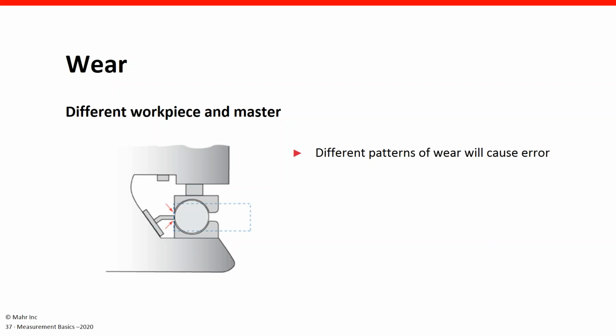That way, any wear that we see in the anvils is going to be transferred to both the master and the part. If we're going to be mastering the gauge with a gauge block and trying to measure a round part, well, there's apt to be an offset because any wear that we're going to see is going to be shown in the anvil and it's going to be part of our measuring errors.